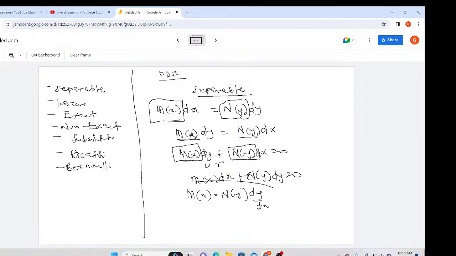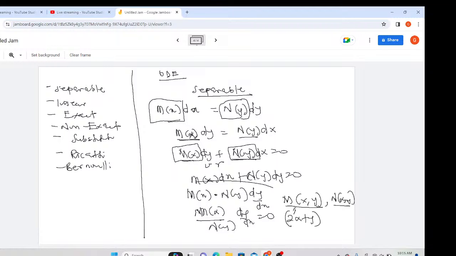Anytime they are dividing, a function of x divided by a function of y, dy by dx, then we can see that they are separable. But what if you have a function m of x, y with a function n also of x, y? Both m and n are functions, but m contains both x and y, something like 2x plus y.